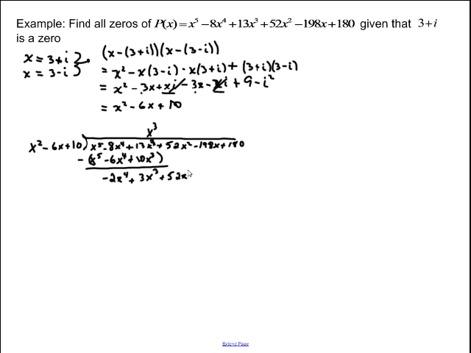So we have to multiply by negative 2x squared to get negative 2x to the fourth. Negative 2x squared times negative 6x becomes plus 12x cubed. Negative 2x squared times 10 is minus 20x squared. So let's subtract again. We're left with 0 fourth.